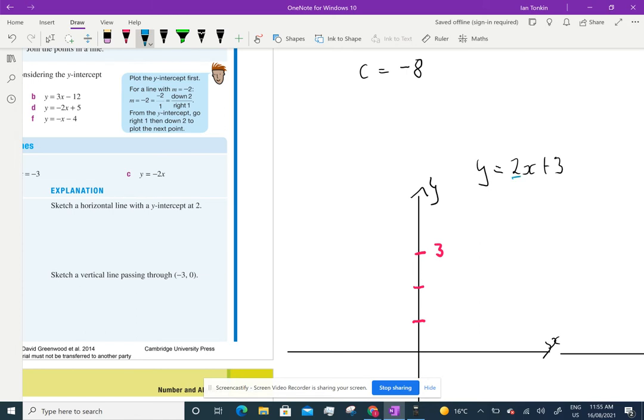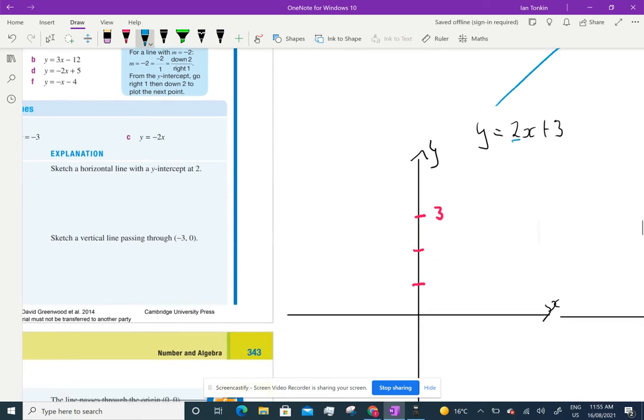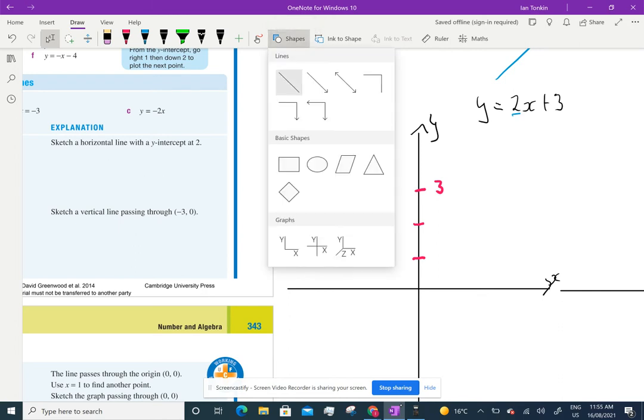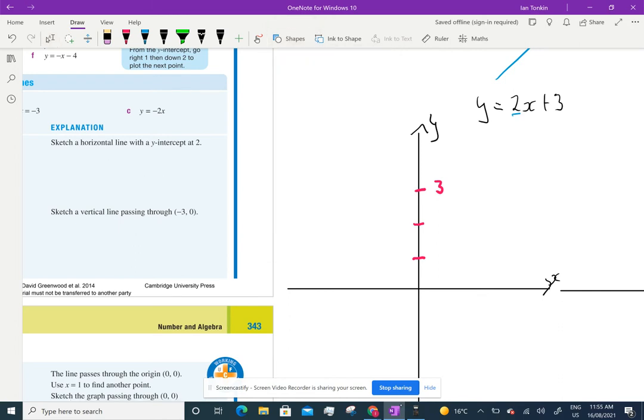This number is positive, which means the line's going up like that. And 2, because it's a reasonably big number, tells me it's reasonably steep. So I'm going to draw a line. Actually, I'm going to do it properly. I'm going to have an arrow on either end. It's going to go like that.